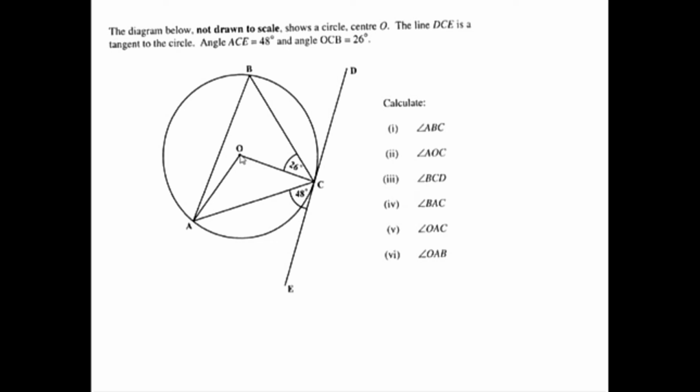This is point O. This point C, I'm going to turn to B, to get the angle of 26 degrees. Okay, so let's look at this question now. Seems pretty easy. We have to identify what we've seen so far, and that will help us a lot.